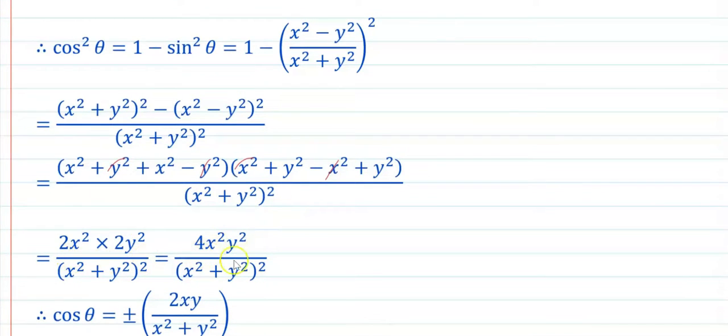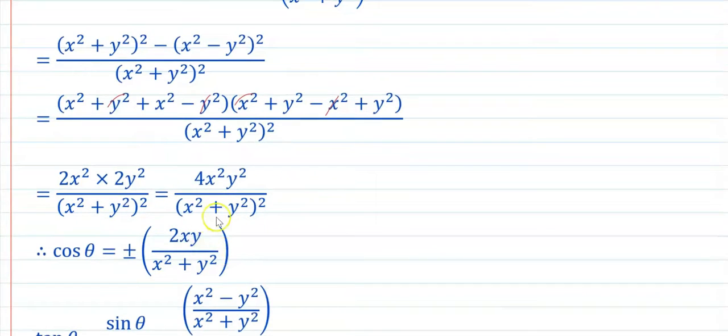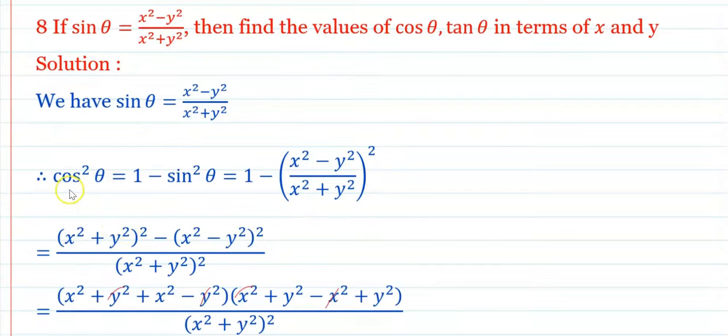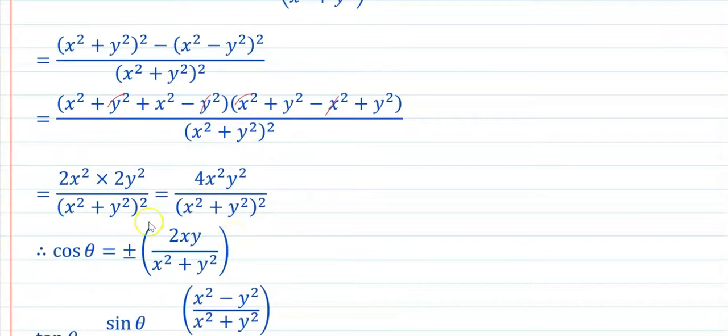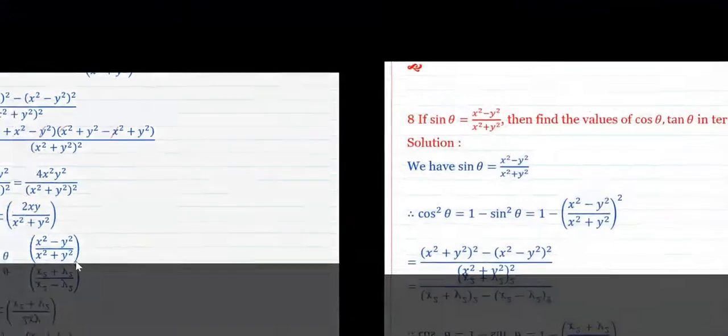Okay, 2 into 2, 4 x square y square upon (x square plus y square) whole square, and hence cos square theta is equal to 4x square y square upon (x square plus y square) whole square, and therefore cos theta.